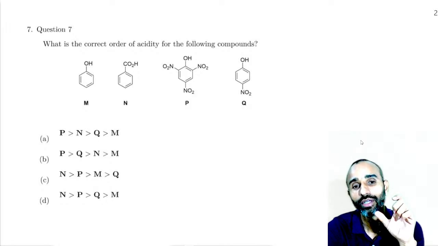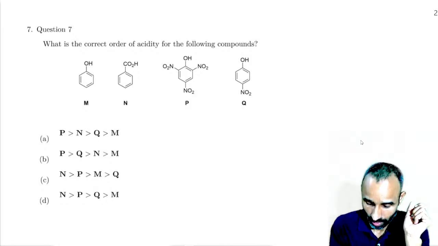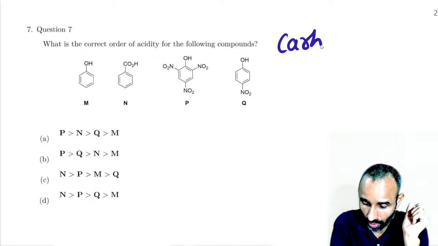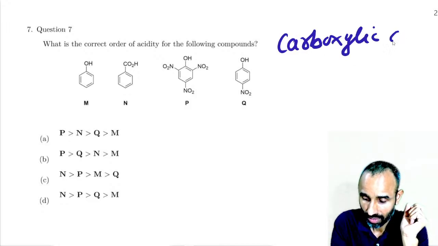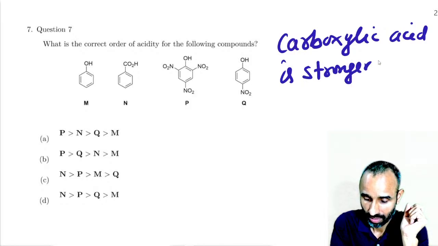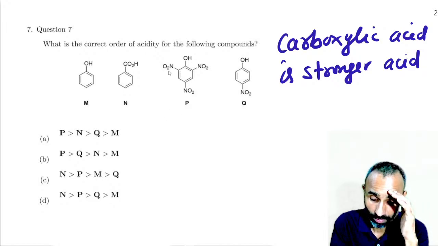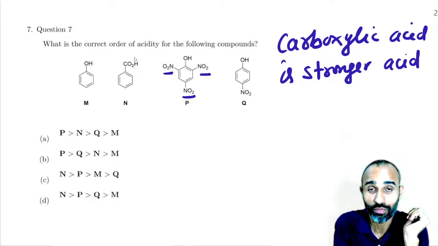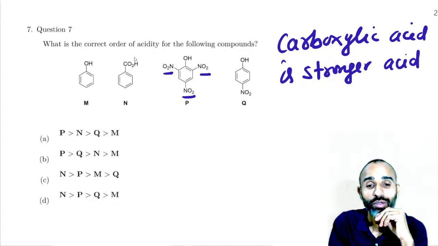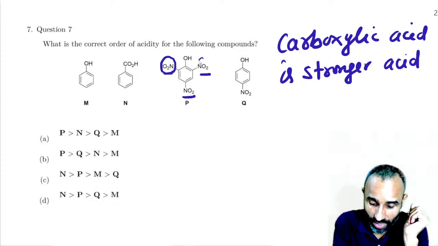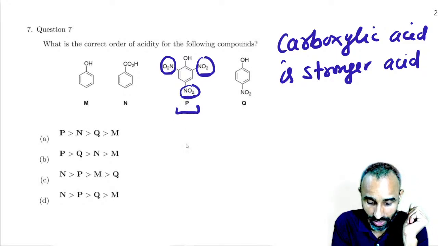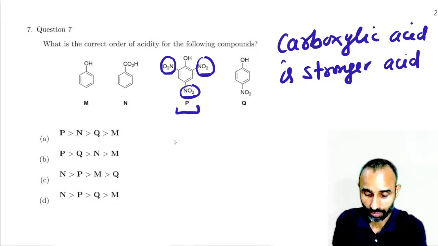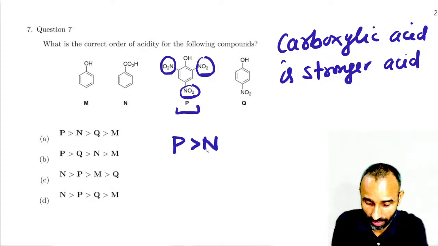So see, first of all, carboxylic acid is a stronger acid, but 2,4,6 trinitrophenol is more acidic than even benzoic acid, because 3 electron withdrawing groups are attached, and due to these 3 electron withdrawing groups it becomes more acidic. Understood. That's why P is more acidic than N.